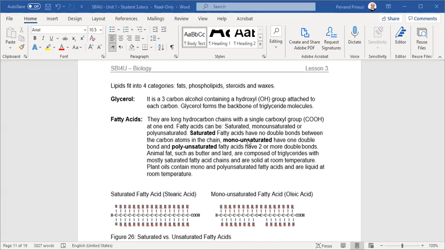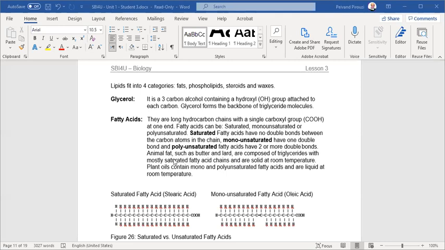These are saturated fatty acids. Then we have monounsaturated, which have only one double bond, and polyunsaturated fatty acids have 2 or more double bonds between carbons. Animal fats such as butter and lard, which comes from the pig, are composed of triglycerides with mostly saturated fatty acids.